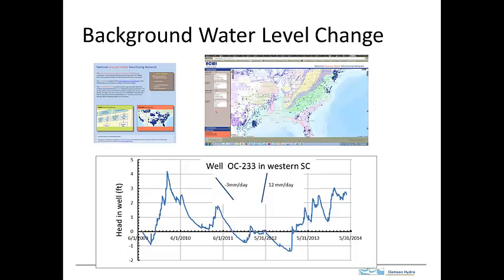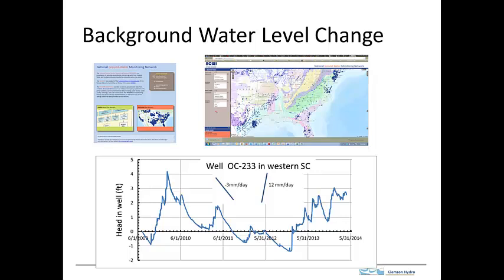Okay, so another important aspect is that in order to do the analysis, we have to have measurements of the hydraulic head or the water level in a well. And if we stress the well really hard and make measurements over just a short time period, then we can probably get by with just treating those measurements at face value.